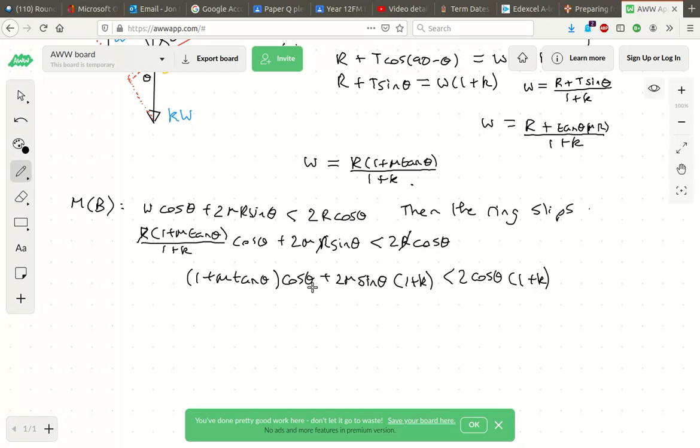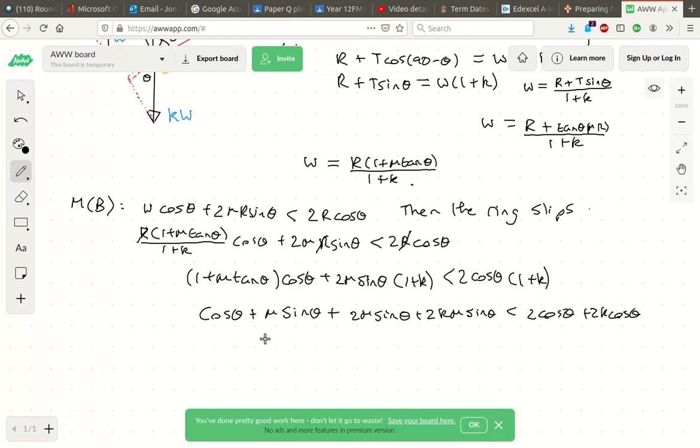Always look a bit at where you're going here. What I'm now going to do is multiply out these. I get cos theta times (1 plus k), and cos theta plus mu. Now tan theta times cos theta is of course sine theta, plus 2 mu sine theta plus 2k mu sine theta, and that's going to be less than 2 cos theta plus 2k cos theta.